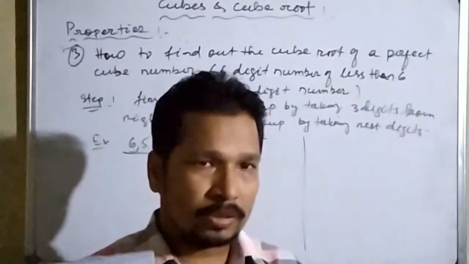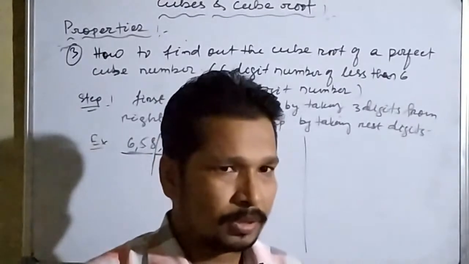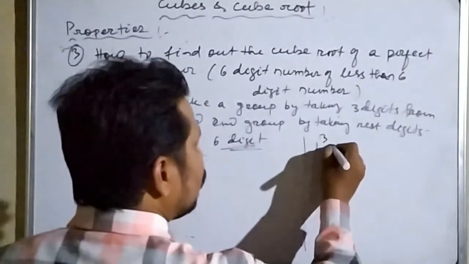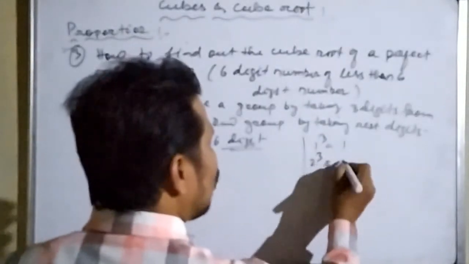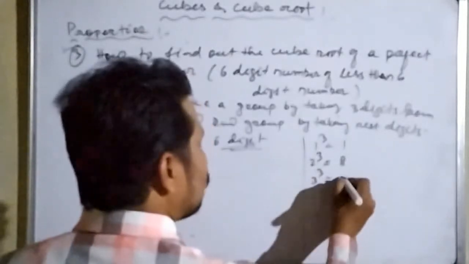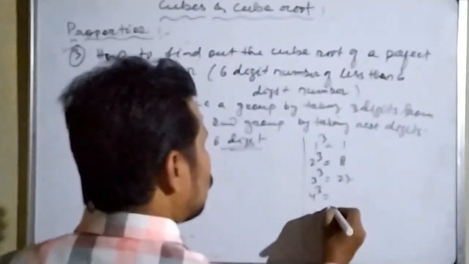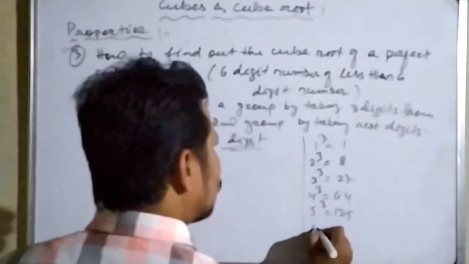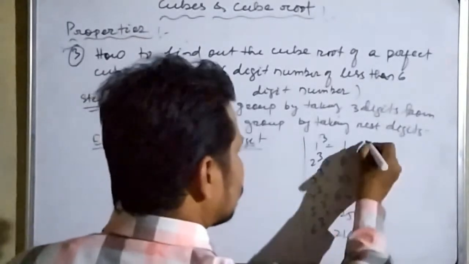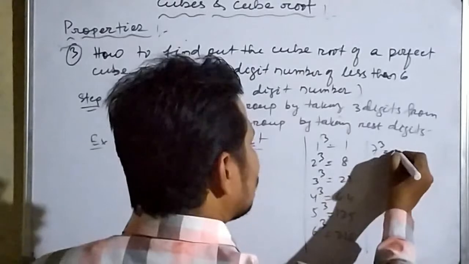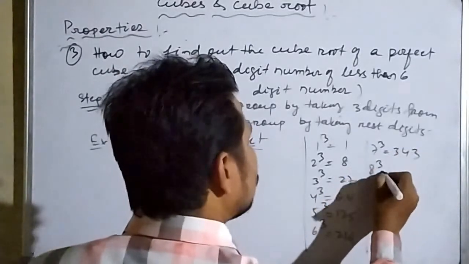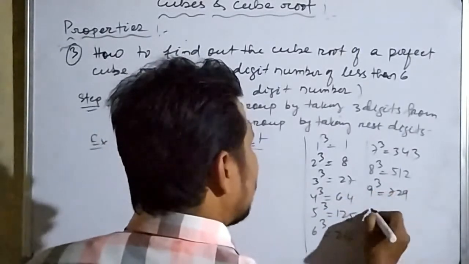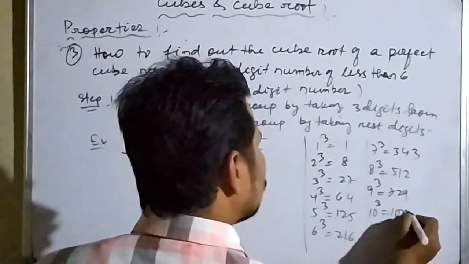We have to keep the cubes of numbers from 1 to 10 in our mind. 1 cube is 1. 2 cube is how much? 8. 3 cube is 27. 4 cube is 64. 5 cube is 125. 6 cube is 216. 7 cube is 343. 8 cube is 512. 9 cube is 729. 10 cube is 1000.